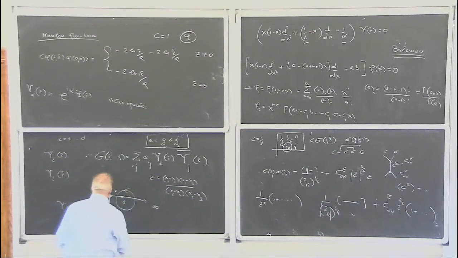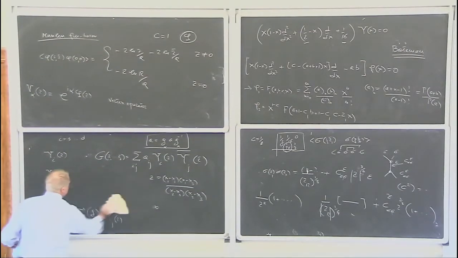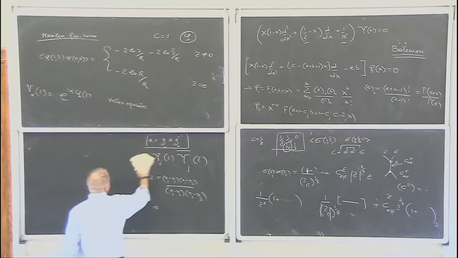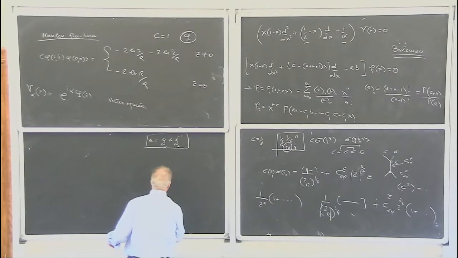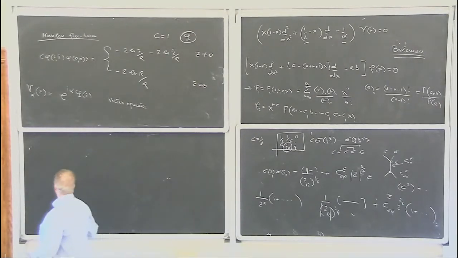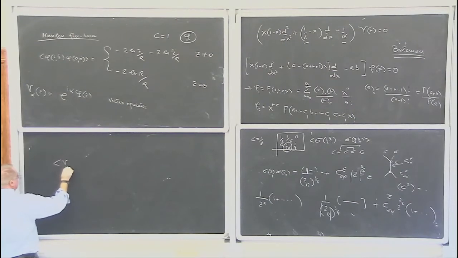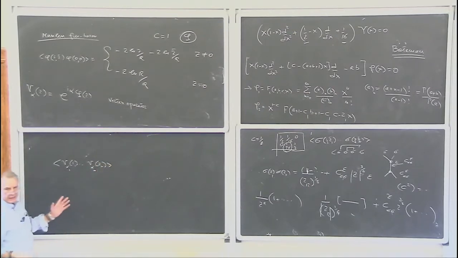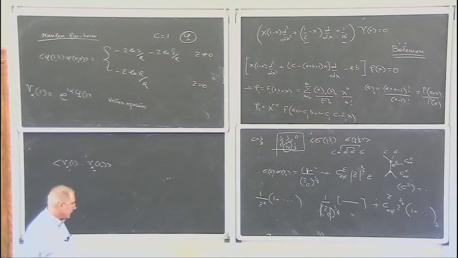Now, remaining at the level of massless bosons, I can immediately compute, by path integral or by Wick's theorem, because the theory is free, the correlation function of an arbitrary number of vertex operators. I'm just using z, but the same holds for z bar and so on.